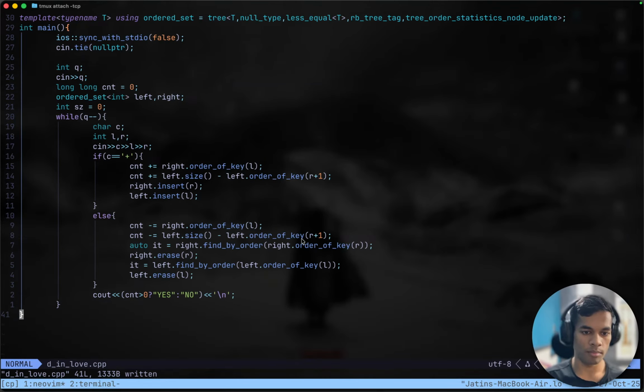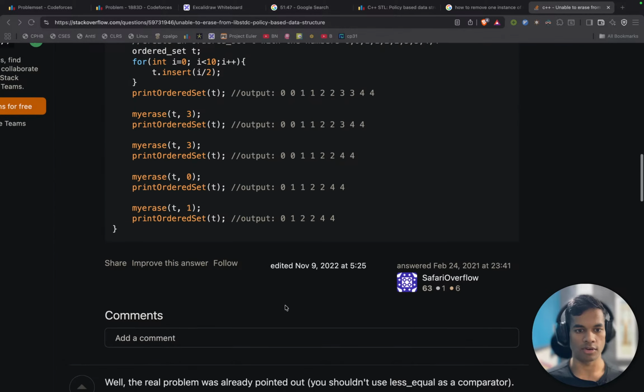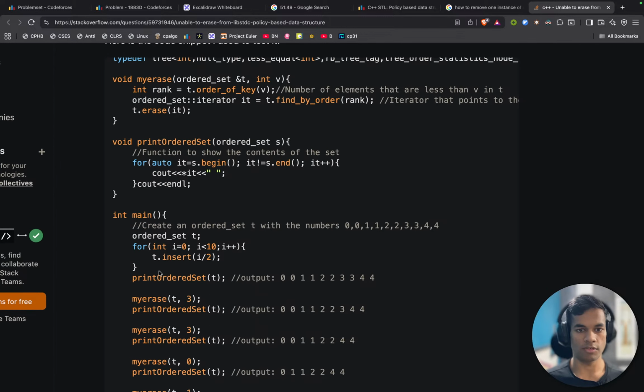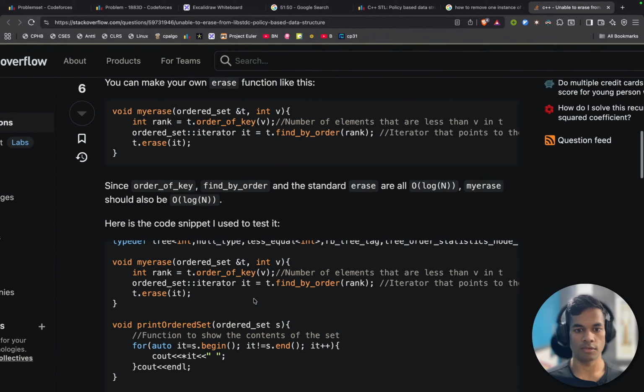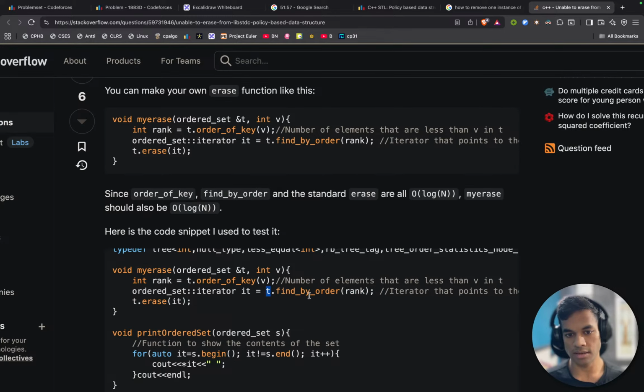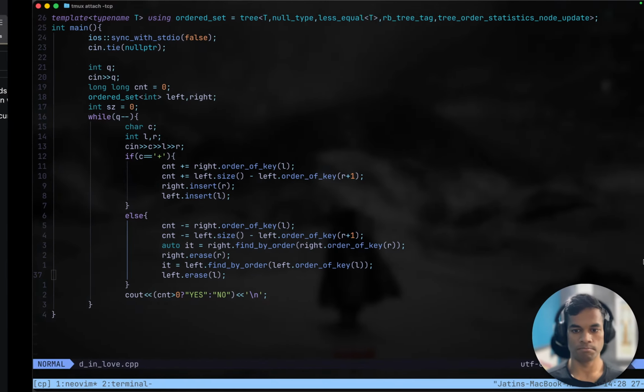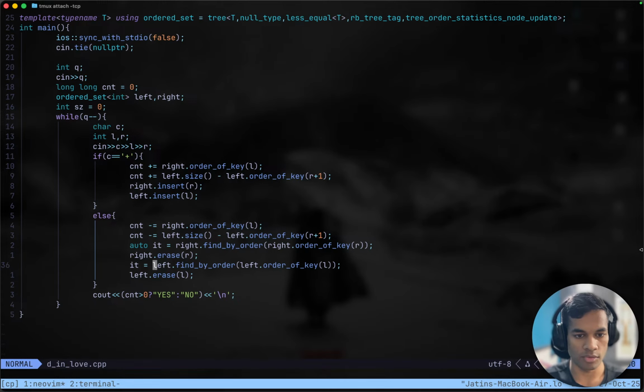The only problem right now is we are somehow unable to remove elements from this policy-based data structure. This thing is not working. First we have to get the order and the rank, find by order, get the iterator at that order, and pass that iterator to the policy-based data structure from which we want to remove things.